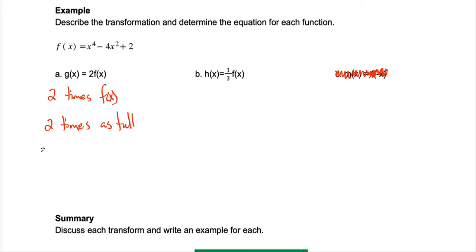The textbook would say a vertical stretch of 2. I know it's written really sloppy. And honestly, I probably don't even need to do B because it's the exact same thing.